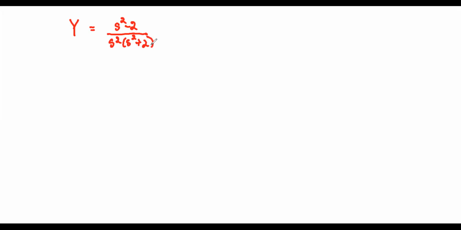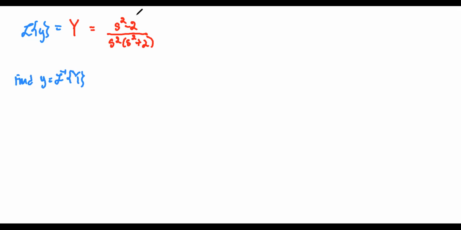And we call the uppercase Y the Laplace of the lowercase y. And when you find the y, that means you find the inverse Laplace of the uppercase Y, or find the inverse Laplace of the fraction on the right hand side.